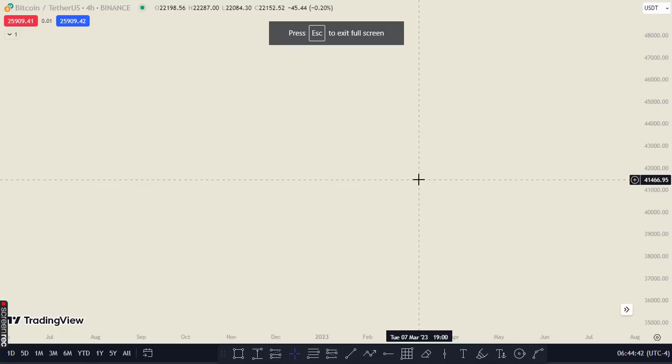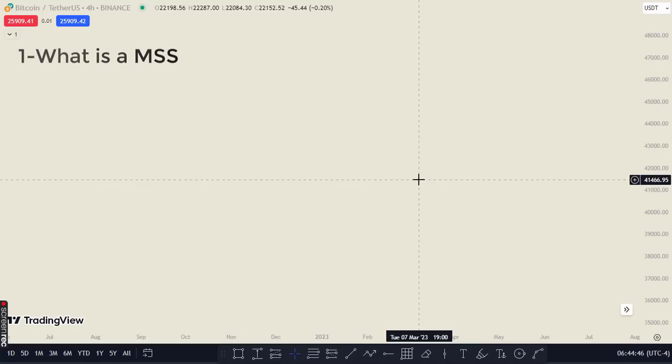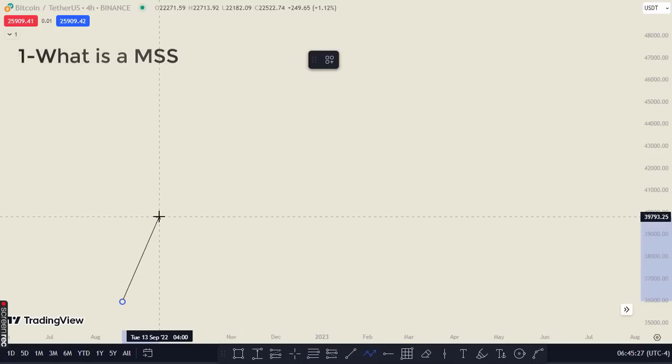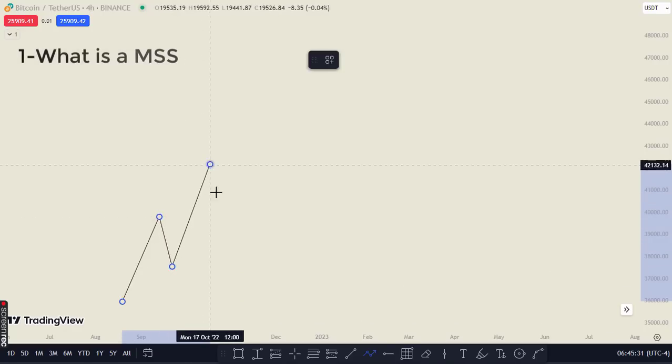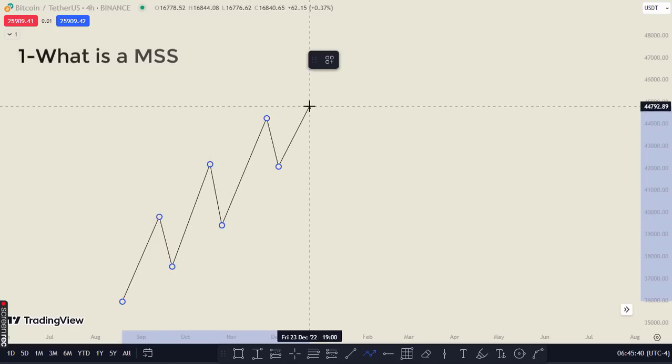Now let's start with the definition of a market structure shift. I'm going to define the market structure shift and its properties. So what defines a market structure shift? We have a visual example right here. For example, we have a bullish structure, and then we hit some kind of a point of interest.